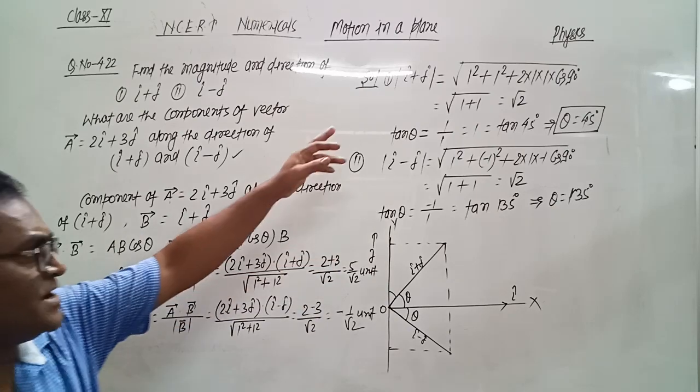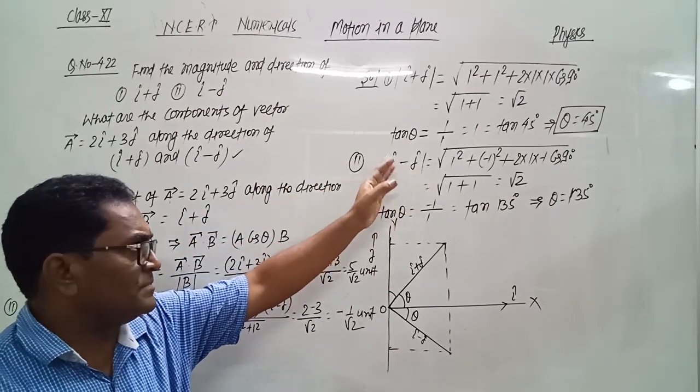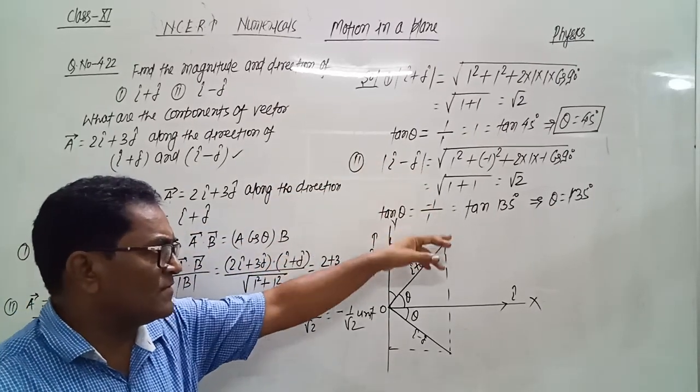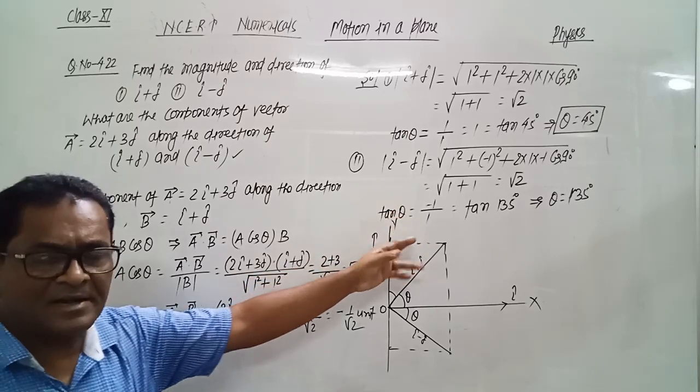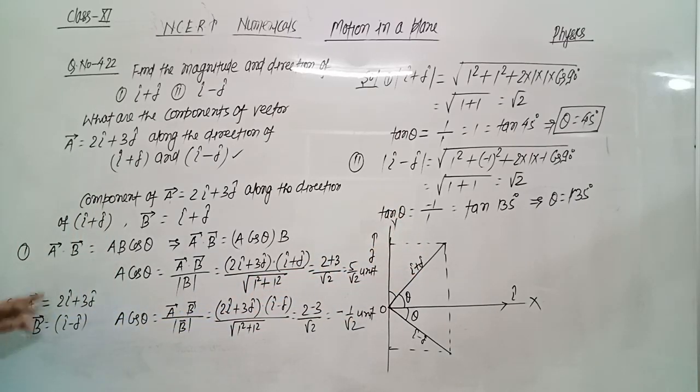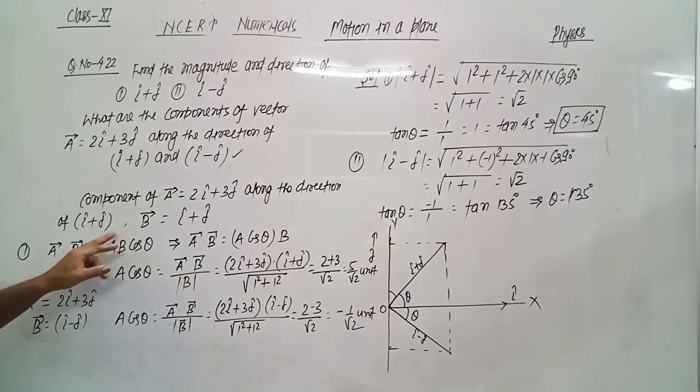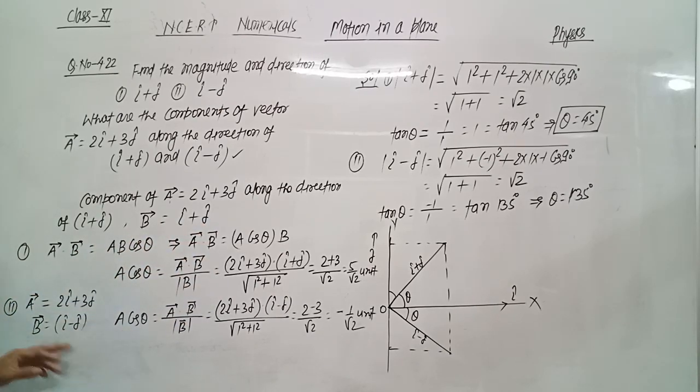So we find the magnitude of i cap plus j cap, then angle, then magnitude of i cap minus j cap, and the direction, and then the component A cos theta in the direction of i cap plus j cap, and the component A cos theta in the direction of i cap minus j cap.